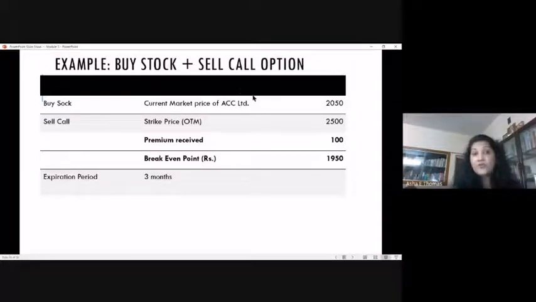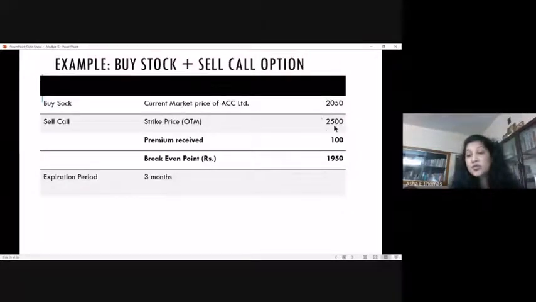But what you really have to understand here is that this person is buying the stock to sell on a future day. But when he sells the call, he fixes the strike price out of the money, meaning this strike price is his profit expectation from this deal. That's why we call this out of the money. The asset is available at 2050.